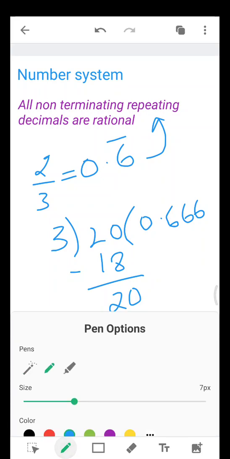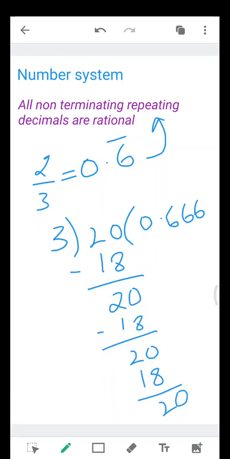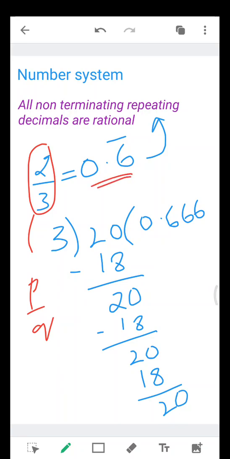Why they are rational numbers? Because we are getting this from p by q form. Hope you all remember the definition of a rational number. Numbers which can be written in the form of p by q are rational. So 2 by 3 is rational, so 0.6 bar must also be a rational number. Now the question is, if 0.6 bar is a rational number, how to convert this into p by q form?